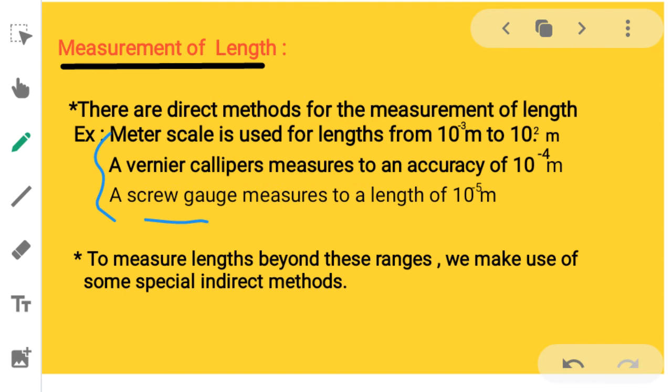These instruments are commonly used. But for large distances, certain methods are followed. For example, the parallax method is used to measure the distance of a star from a planet, for example, Earth.